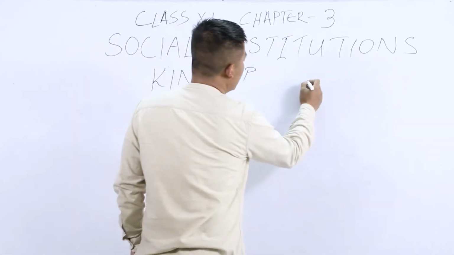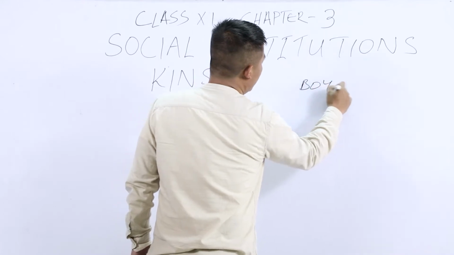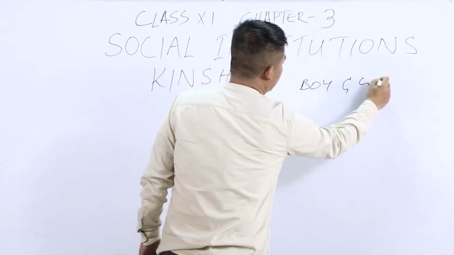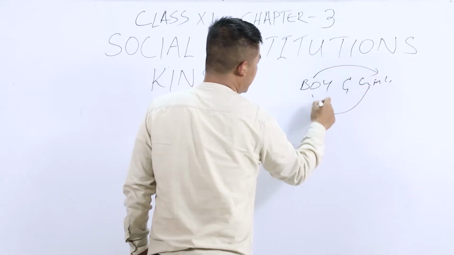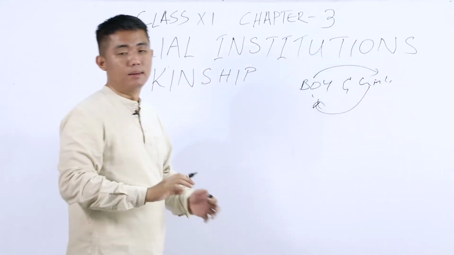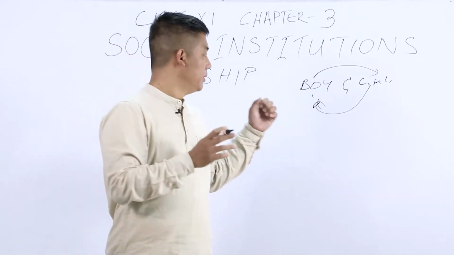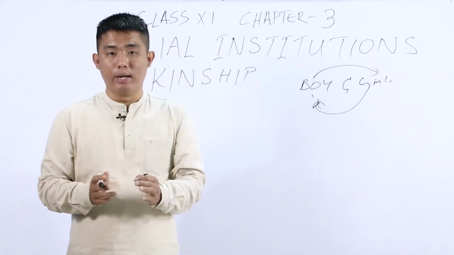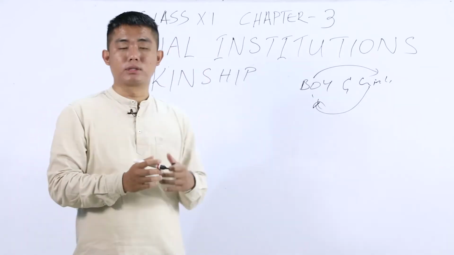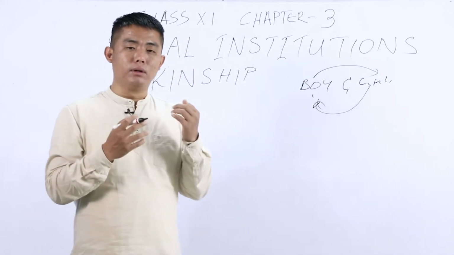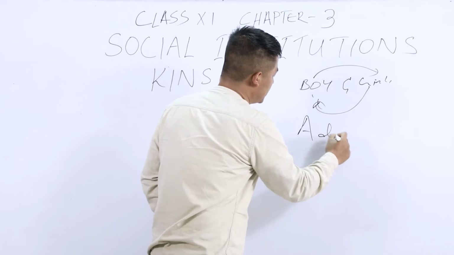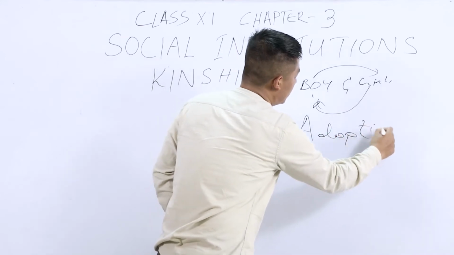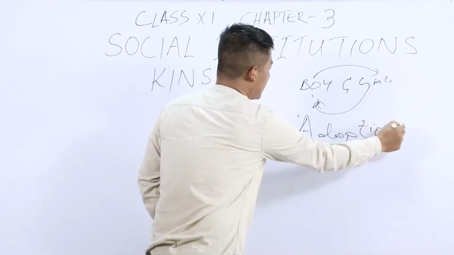For example, a boy marries a girl, and the boy's family and the girl's family become relatives through marriage. Or a relation which is built by adoption.